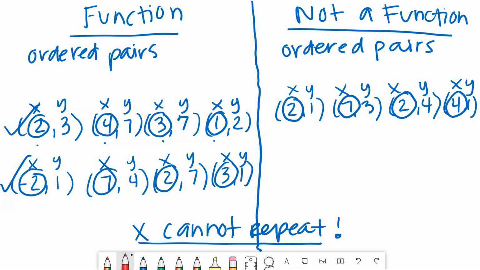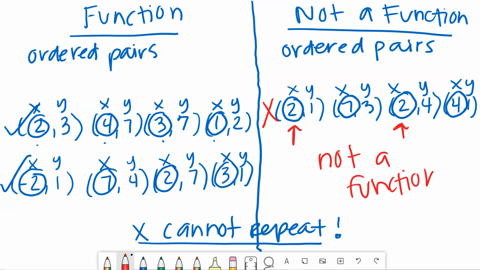Are any of my x's repeating? Yes, you see the 2 here and the 2 here, those are being repeated. So this one is not a function. It is that simple, guys. If it is a function, x is not repeating. If it's not a function, x is repeating.